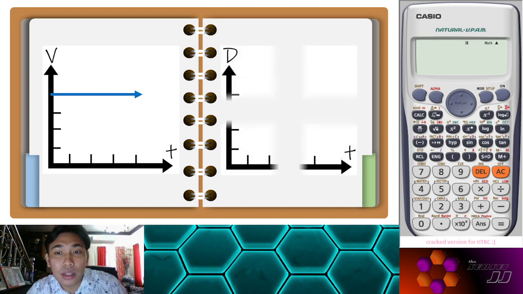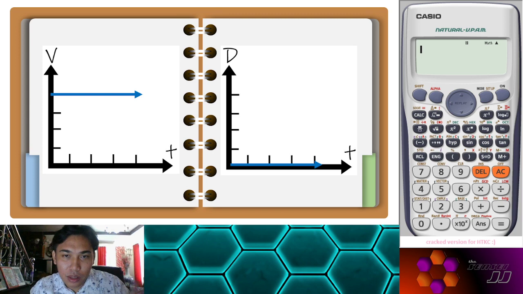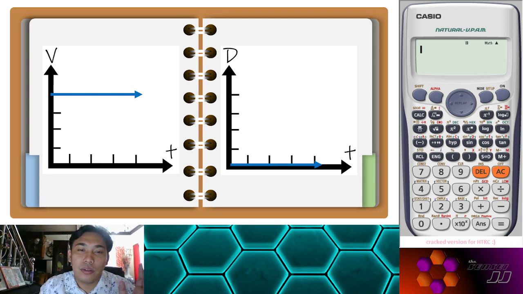So how about this one, guys? I'll be giving you guys time to think about what the interpretation for this graph is.